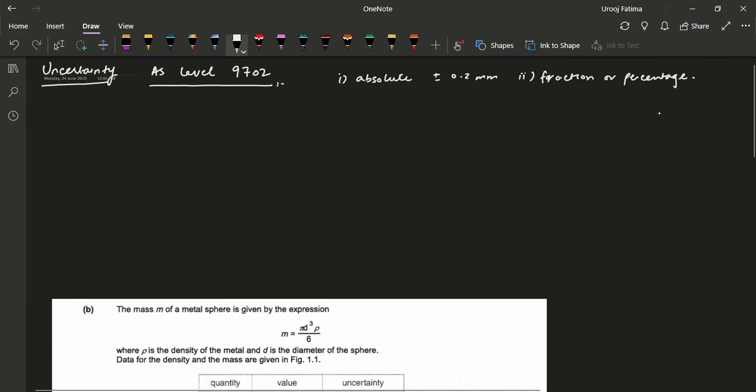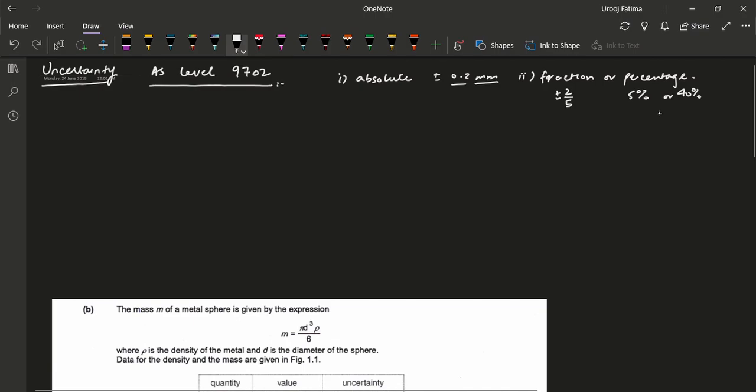In fraction form, they might give you something like 2 by 5 plus minus, and in percentage, maybe something like 5% or 4% or whatever. You must understand that these are two different things, right? Usually, when they give you a fraction, they will never give you a unit beside it. In absolute, you have to write the unit as well as the correct significant figures for the value.